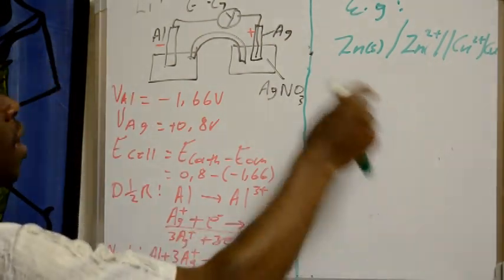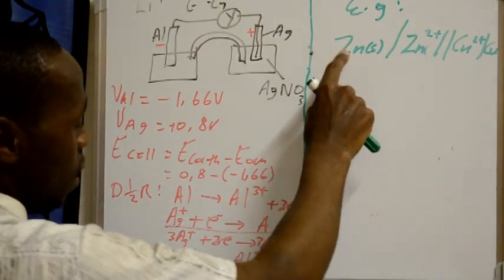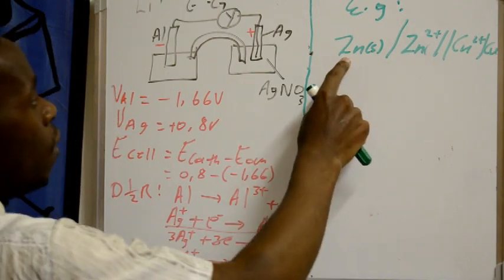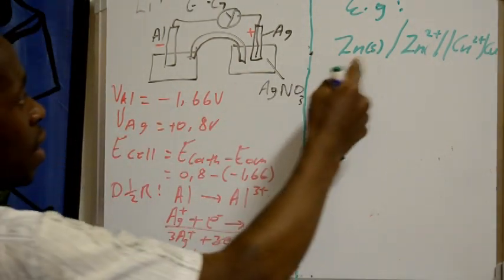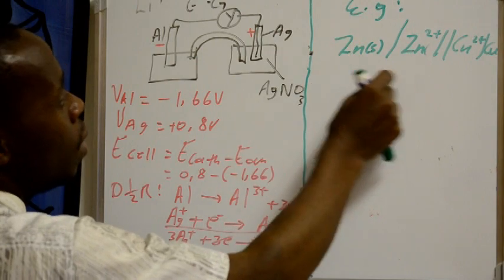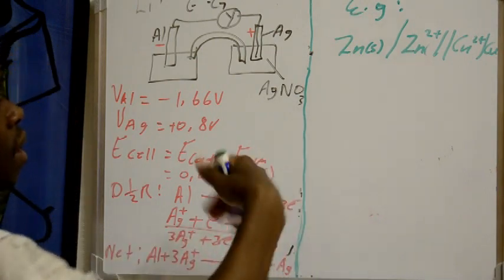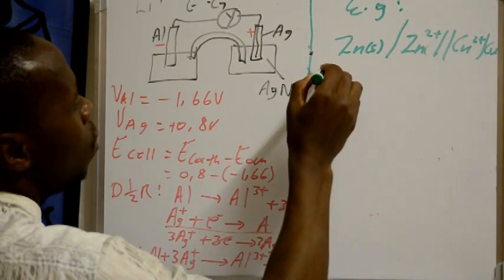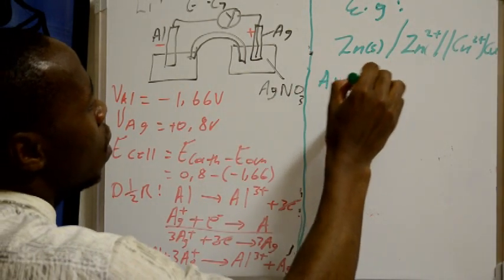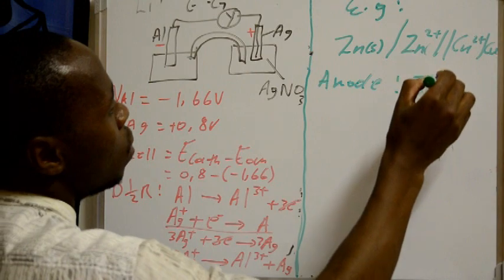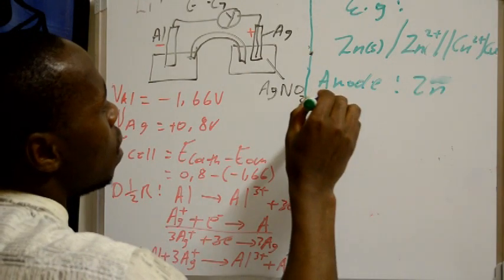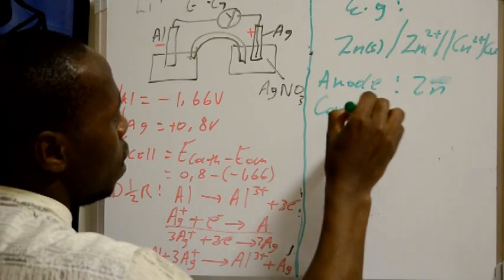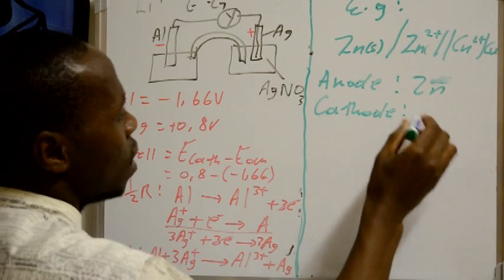That is the reduction half reaction. Your zinc is oxidized, so its oxidation number is increasing. So here zinc is the anode, and the cathode is what? Copper.